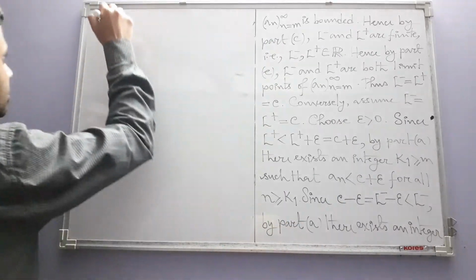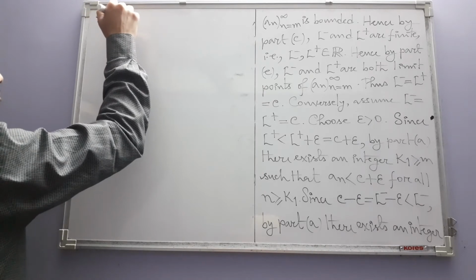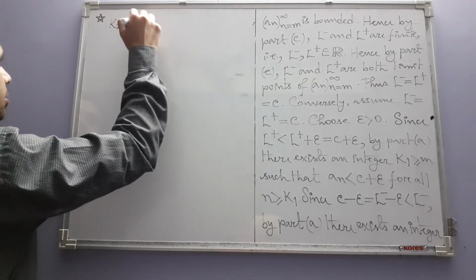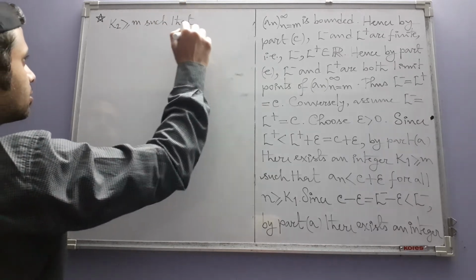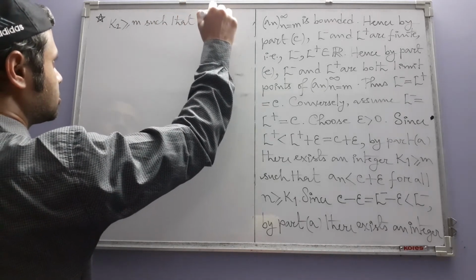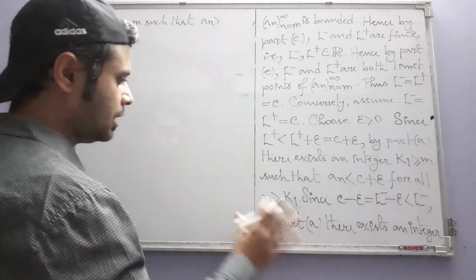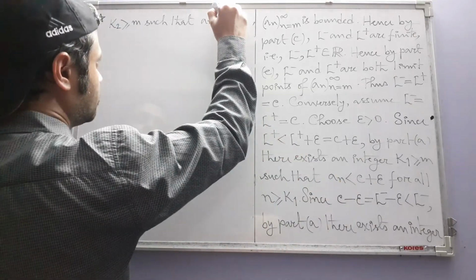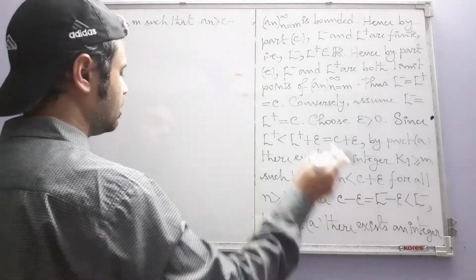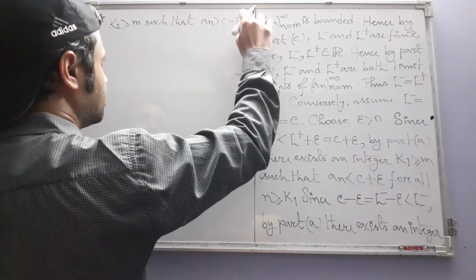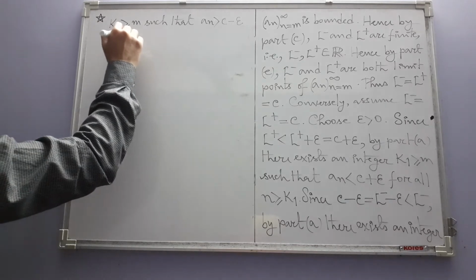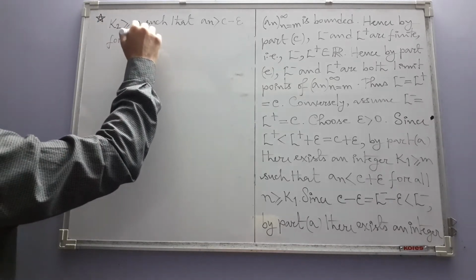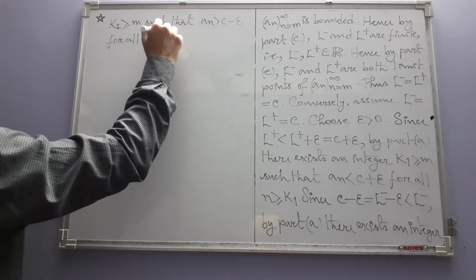There exists an integer k2 greater than or equal to m, such that the sequence exceeds this weaker number, weaker than the limit inferior, for all n greater than or equal to k2.